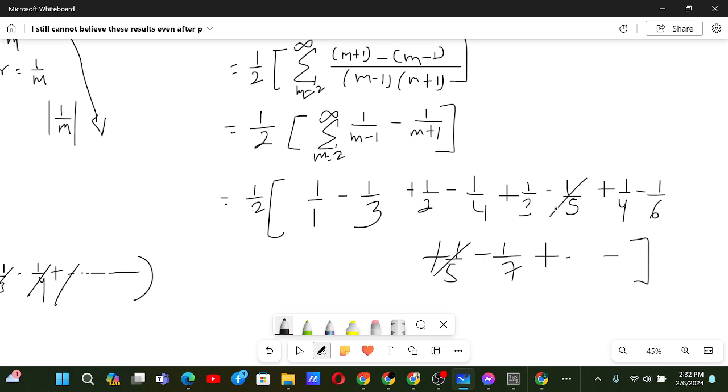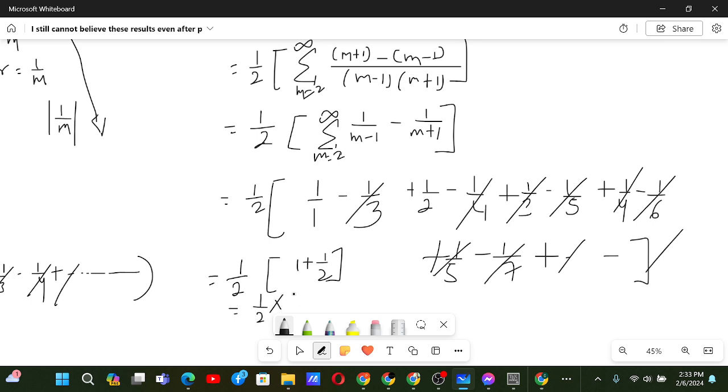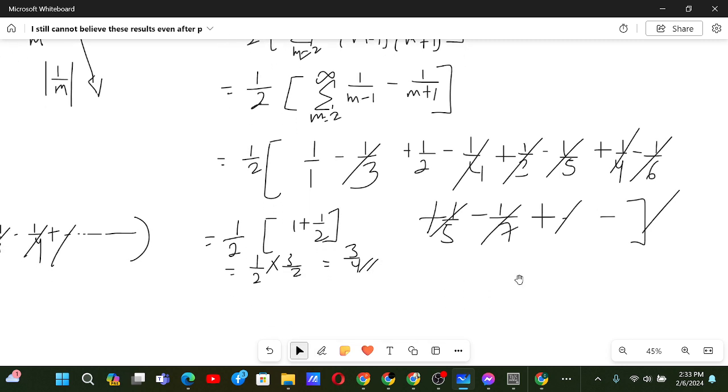This cancels out, and this will also cancel out over here because we have 1 by 6 over here. The remaining terms are 1 by 2 times, 1 plus 1 by 2. So this is 1 by 2 into 3 by 2, that is 3 by 4. So 3 by 4 is the answer.